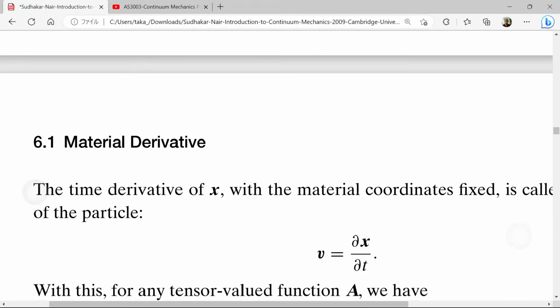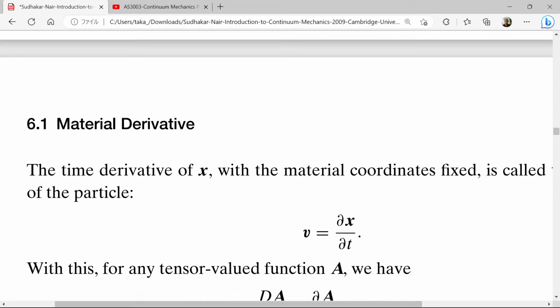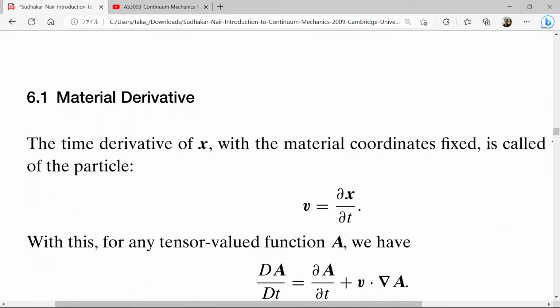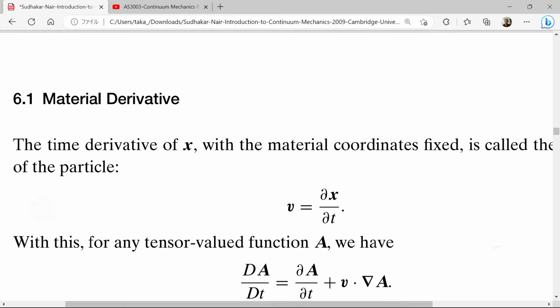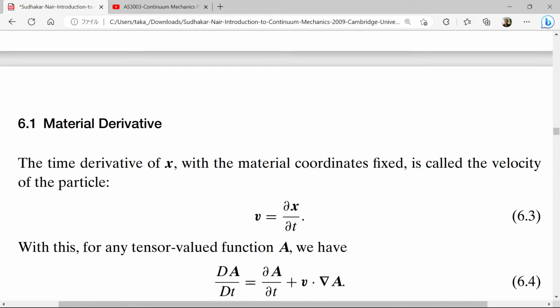The time derivative of small x with the material coordinates fixed is called the velocity of the particle.